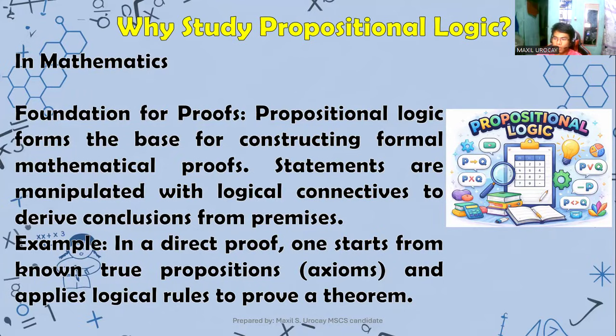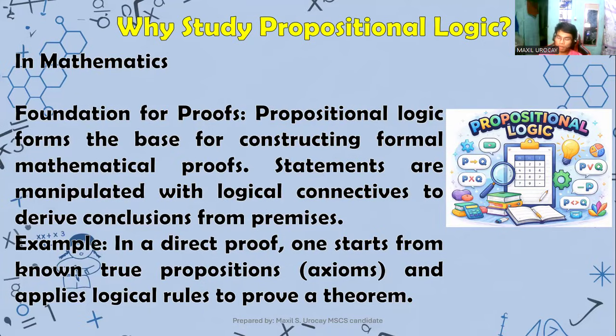So in a direct proof, one starts from known true propositions, which are the axioms, and applies logical rules to prove a theorem. Of course, we're trying to work on that as we go through. We'll begin to deal with some examples pertaining to that.